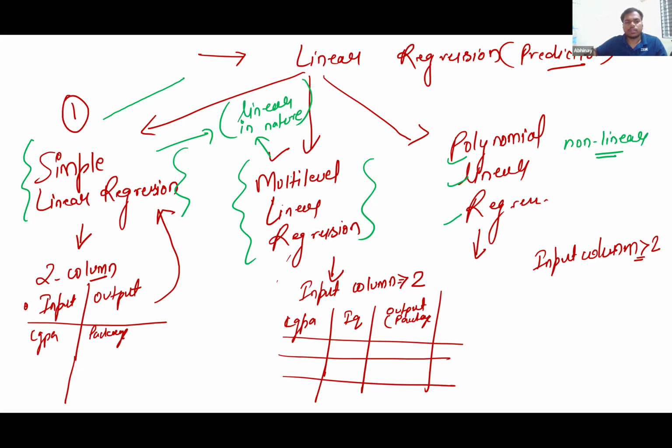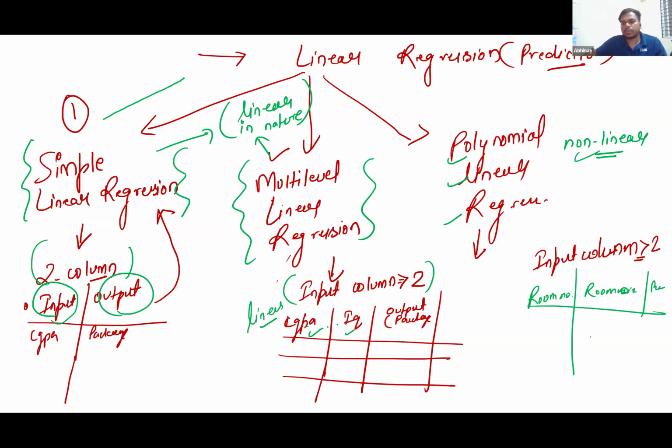But if we talk about polynomial regression, maybe let's take an example: room size, and it could be price. Just taking a random example, I am not even sure whether it will be non-linear or not.